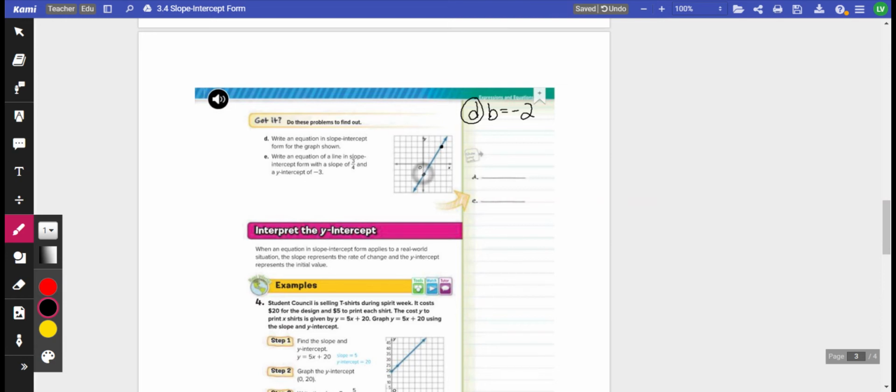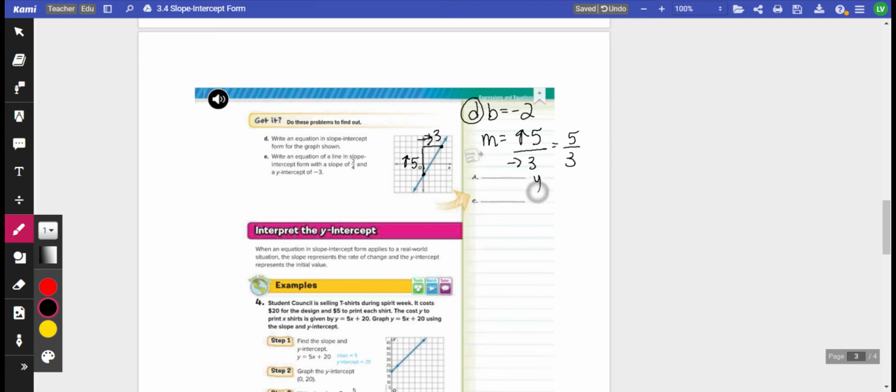So I go up 1, 2, 3, 4, 5. I went up 5, and I'm going to go to the right 1, 2, 3, right 3. So for my slope, I go up 5 and right 3. They're both positive values, so 5/3 is my slope.